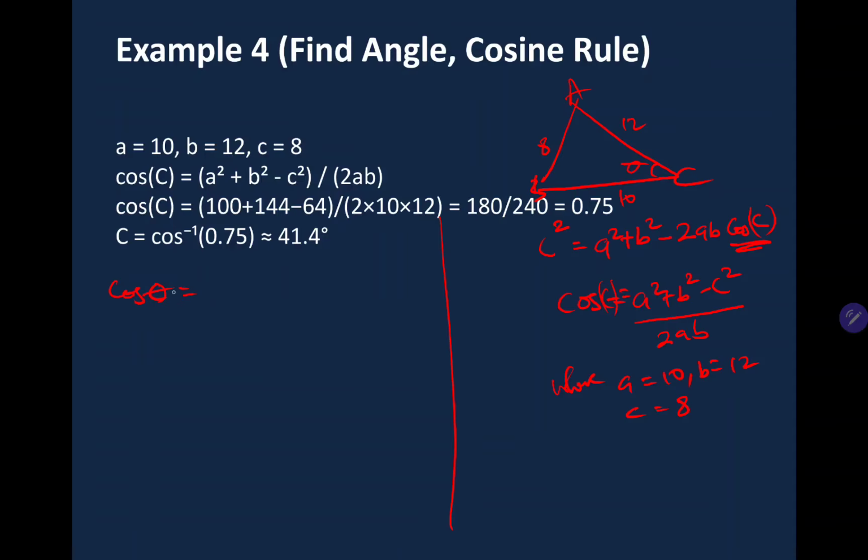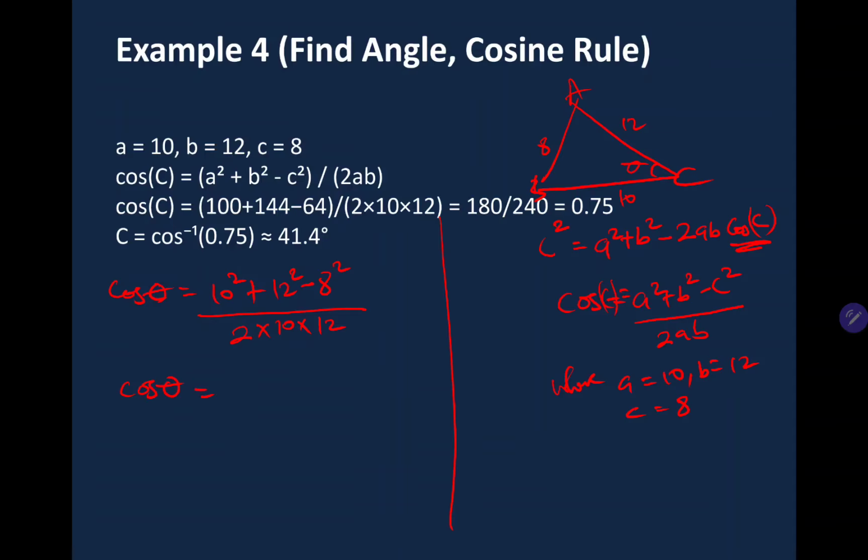Cos theta is equal to A squared is 10 squared plus B is 12 squared minus C is 8 squared all over 2 times AB. 10 is A times 10 times B is 12 times 12. Okay, so all that is left is arithmetic.